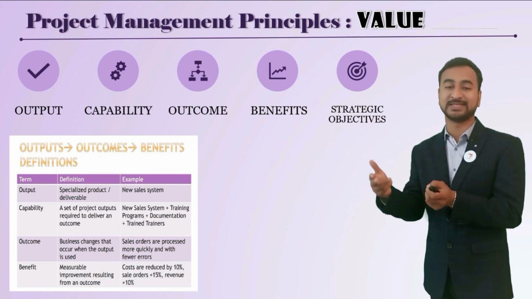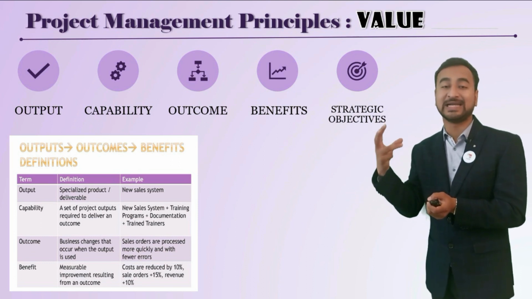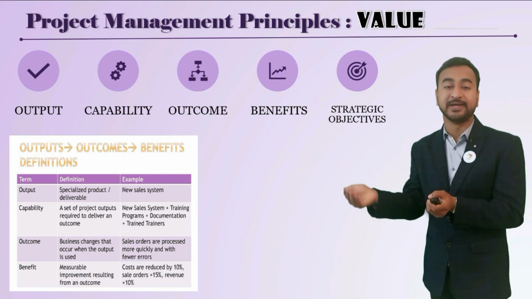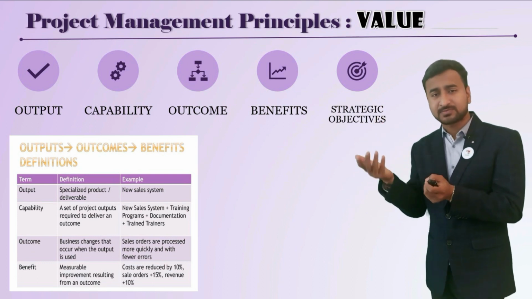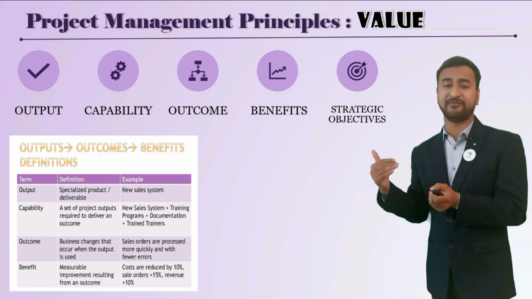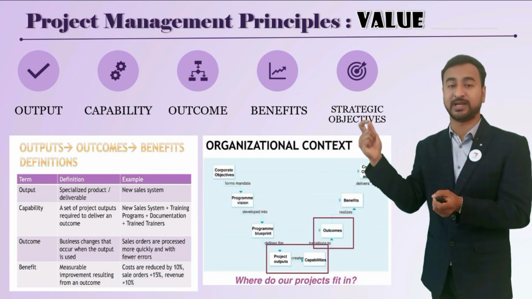So you reduce the processing time, and that in turn develops the benefits, that is measurable, that you reduce the processing time and improve the organization's revenue. So that is the benefit. So these are the keywords that you need to recall to map the value chain.